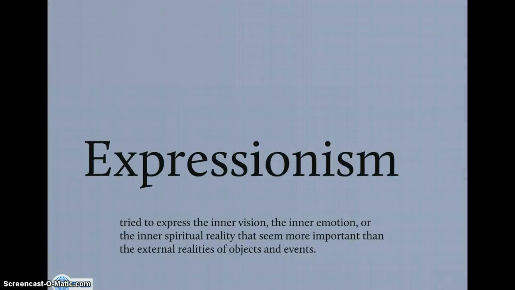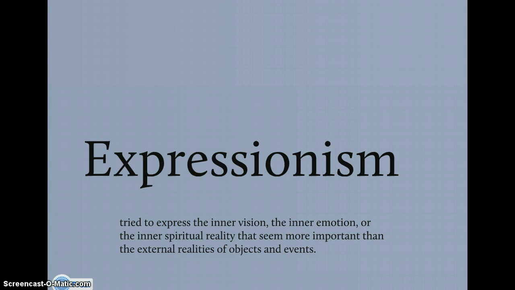So Expressionism, abstract Expressionism in particular, is most associated with Jackson Pollock, but there were a lot of abstract expressionists that tried to focus and express their inner vision, their inner emotion, and inner spiritual reality through their action. So action painting and different, maybe just colors on canvases instead of the actual print itself of an image.